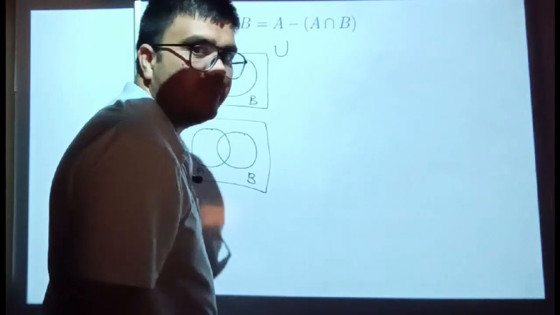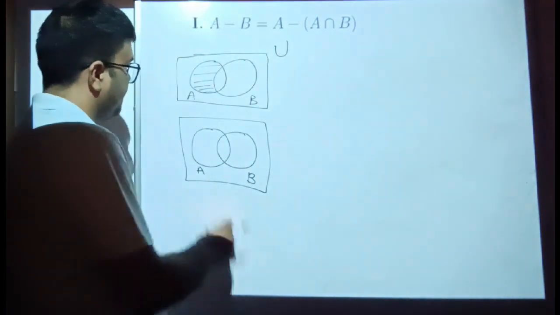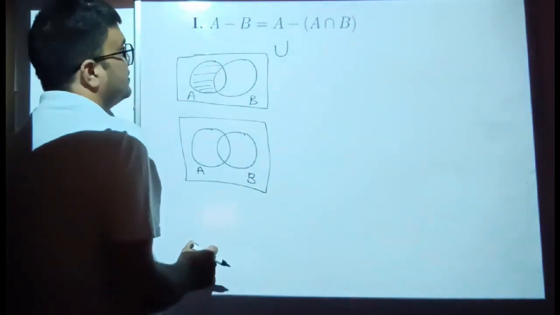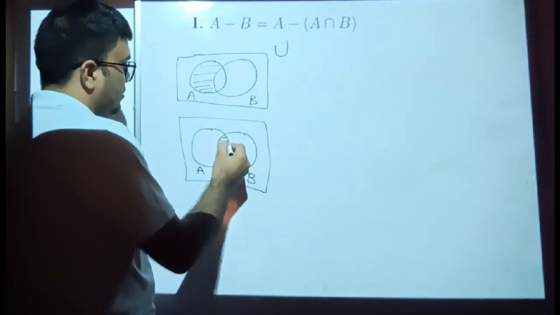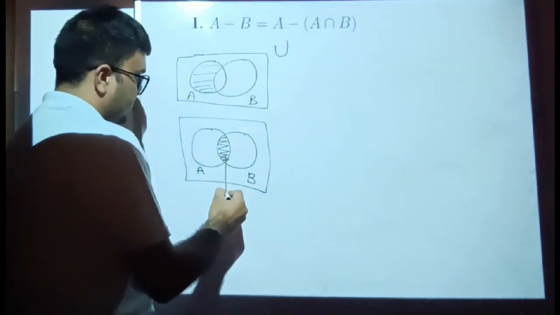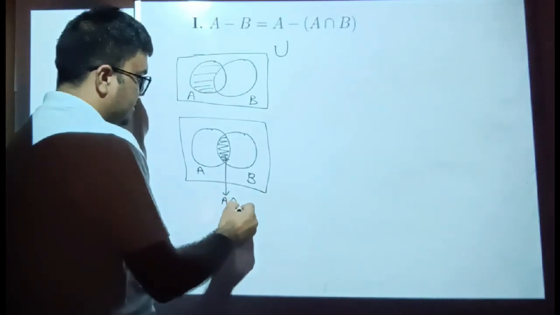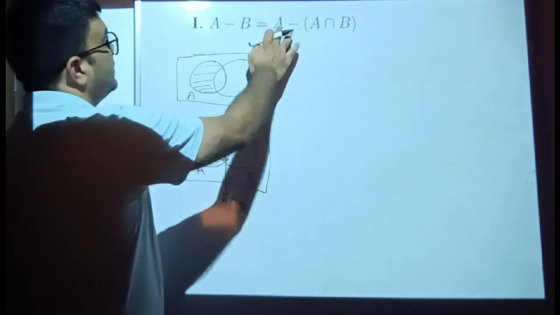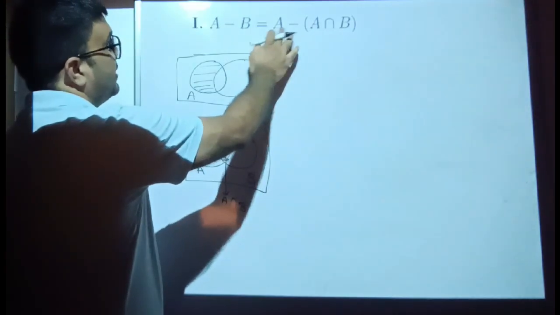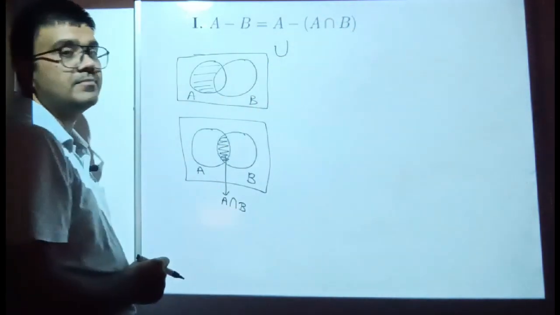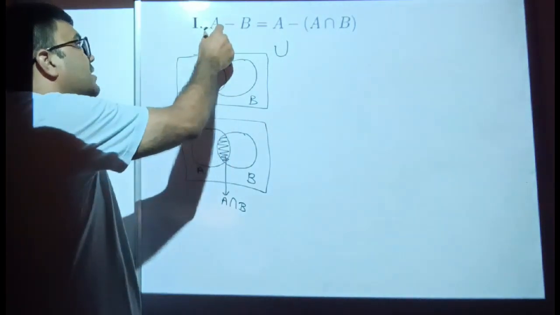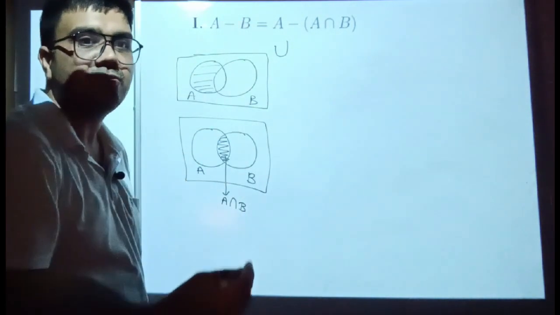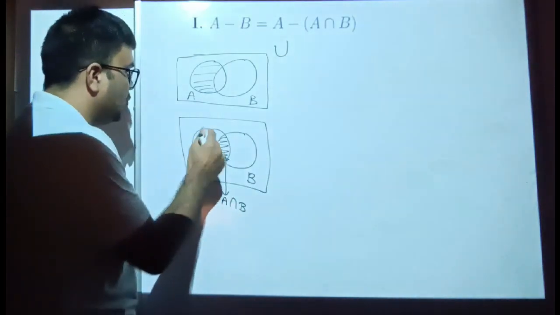A minus B is those elements of A which are not elements of B. Now when we are plotting this part, we are saying A intersection B. We are talking about this region. This is A intersection B. And we are removing from A this portion. So either we are removing from A all the elements of B, or equivalently we remove from A what is common.